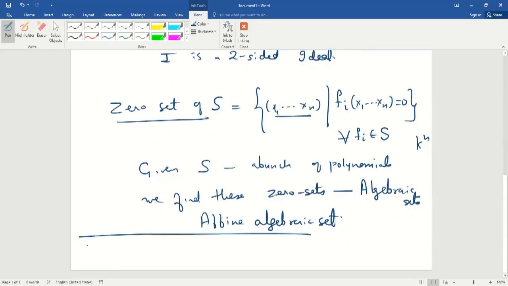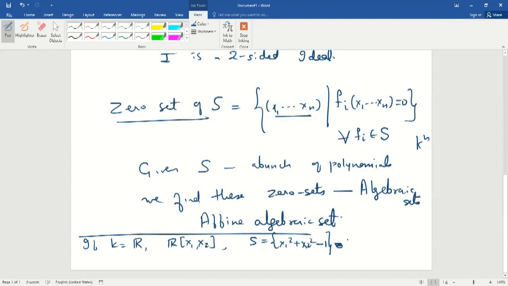I already gave, if k is R, and if you consider R[x1, x2], then for these loci, for example, just fix S to be simply x1^2 + x2^2 - 1. If this is the function, then what are all the pairs which satisfy x1^2 + x2^2 = 1, or x1^2 + x2^2 - 1 = 0?